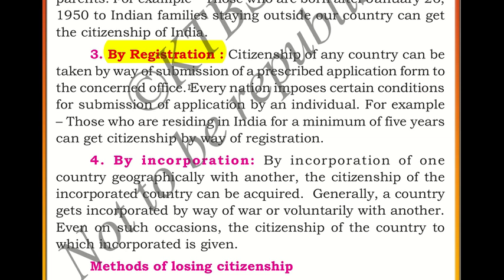So this depends on the nation and it varies from one country to another. According to the rules of a particular country, citizenship can be acquired by a person if the requirements are met. Then the documents need to be submitted to the prescribed office and the citizenship can be acquired by registration.